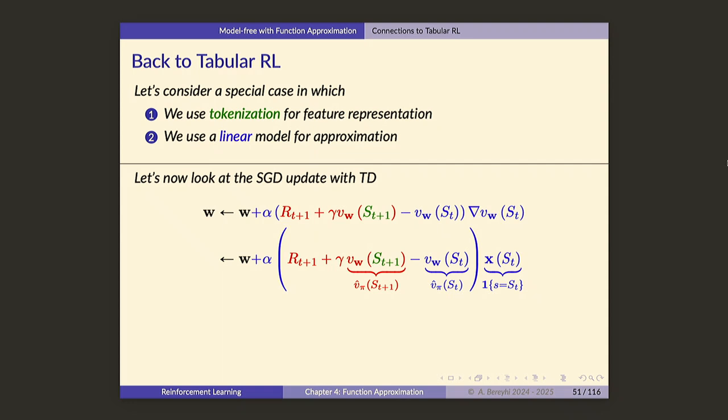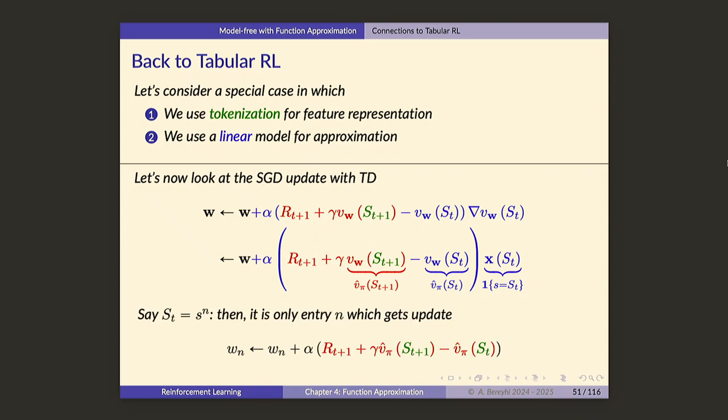So I can throw them away. I don't need to update them anymore. So only the weight of the corresponding entry is updated. If I assume that st is state n, only the weight of that state, Wn, is going to get updated.